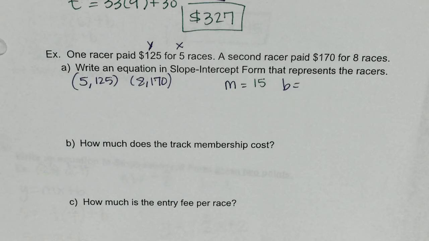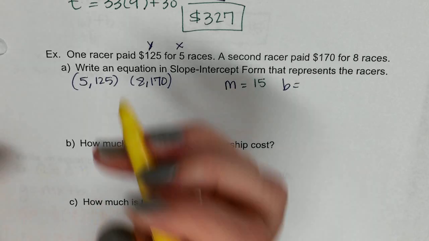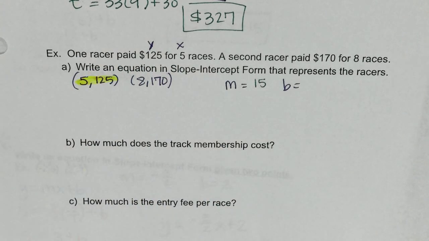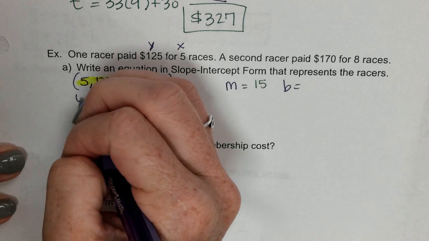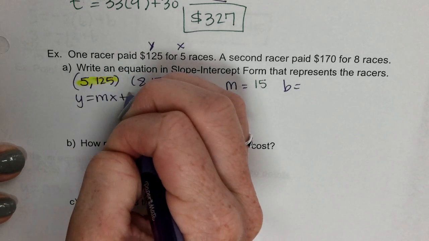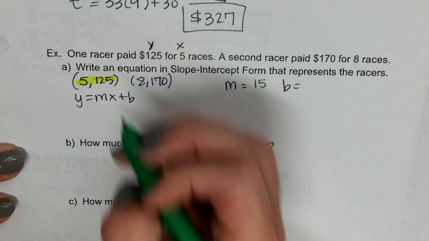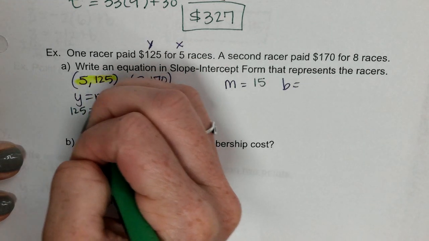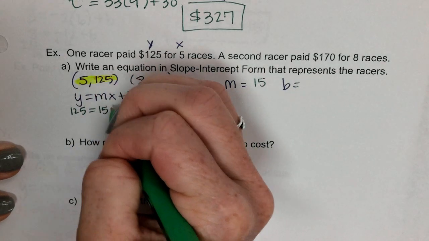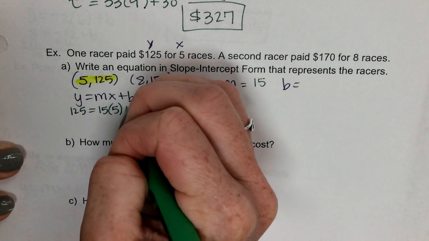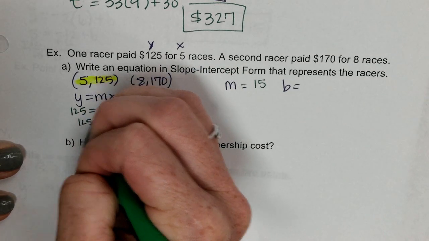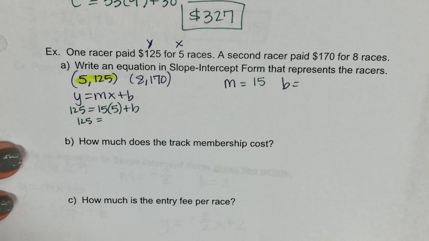Now I need to solve for the b. Which point do y'all want to use? The first one? Okay. So I have y equals mx plus b. I'm going to plug in 125 for y, 15 for m, and 5 for x. And 15 times 5 is 75.